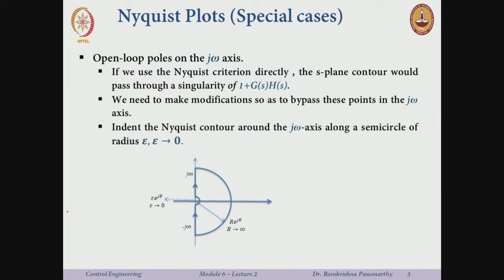We take the semicircle indent around, say, a pole at the origin.